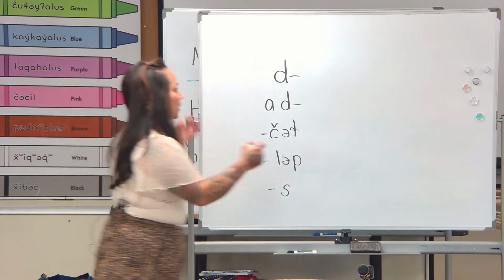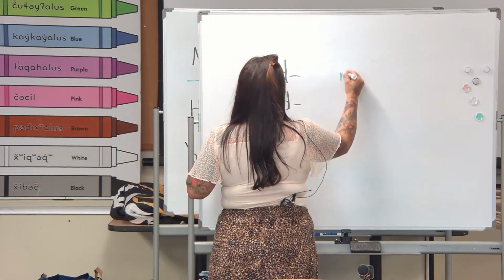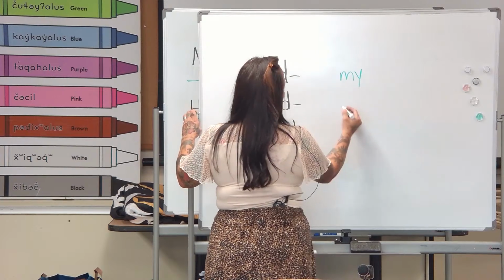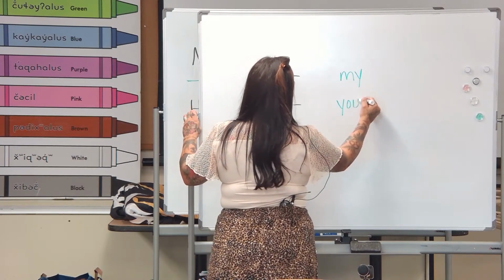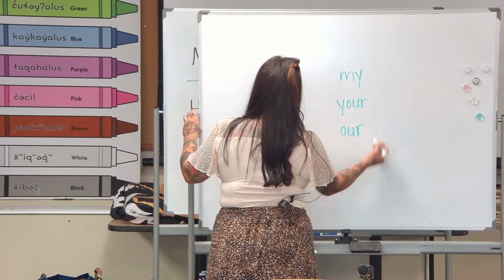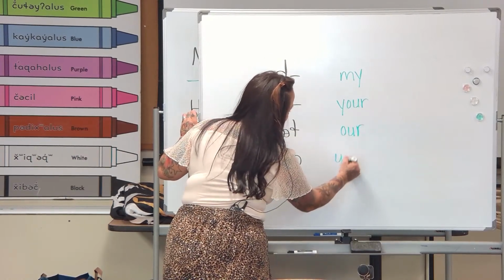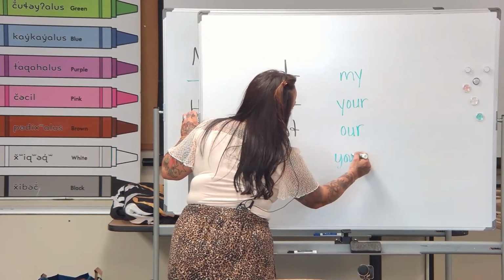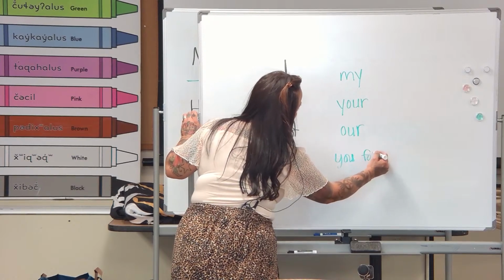So D is for my, odd, your, our, on the paper, you folks.